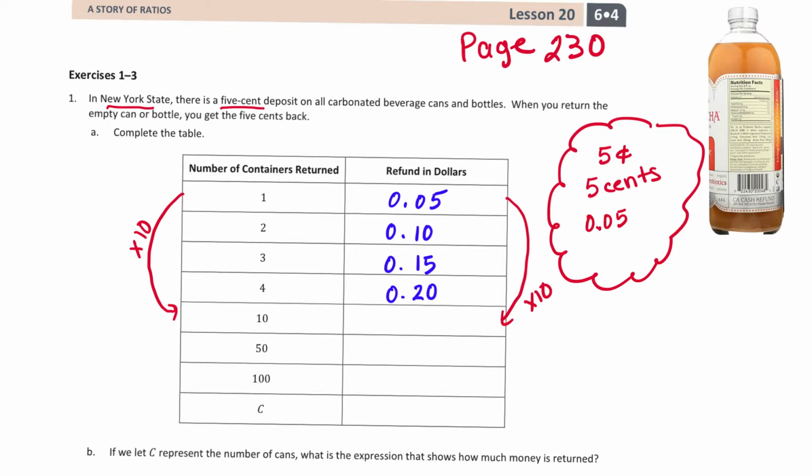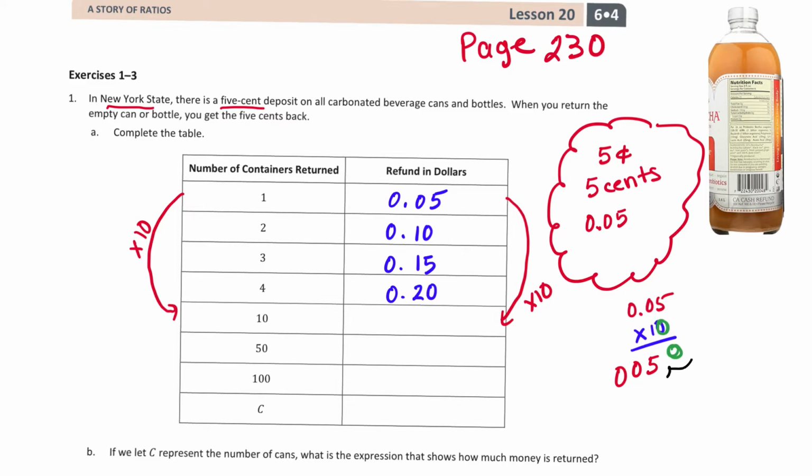So 5 cents times 10. I'm going to do the math here. 0.05 times 10. I'm just going to bring this 0 down here. And then I'm going to do 1 times 5, 1 times 0, and then 0. And then you have to look at how many places after the decimal. And that is 2, right?